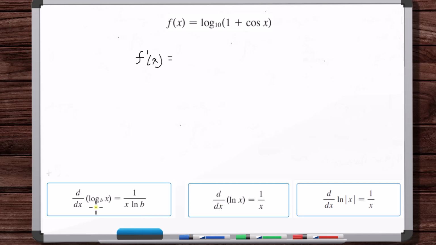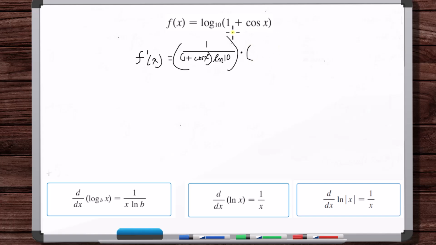Here we've got log base 10, so we need to use the chain rule. We've got log base 10 of something. What is the derivative with respect to x of the log base 10 of something? It's 1 over that something times the natural log of the base, times all of that, times the derivative of that something.